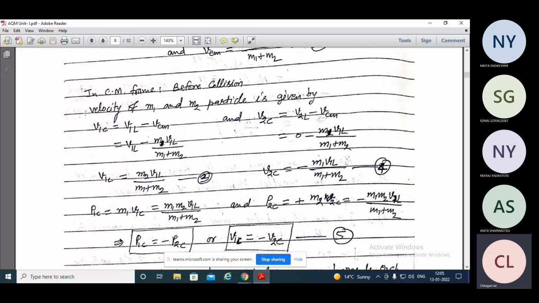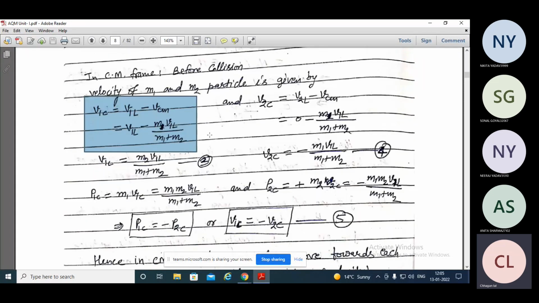Here v1C for the m1 particle in the C frame, with respect to the center of mass, is v1L minus VCM. Putting the VCM value from equation number 2 and solving, some terms cancel out, and we get v1C equal to m2 v1L over m1 plus m2. This is equation number 3.